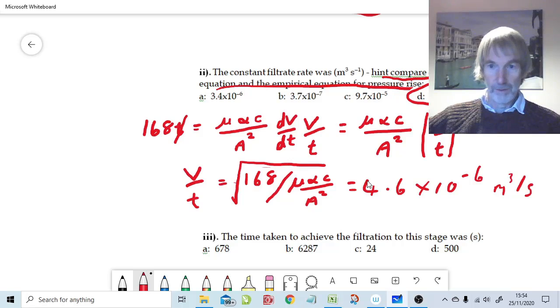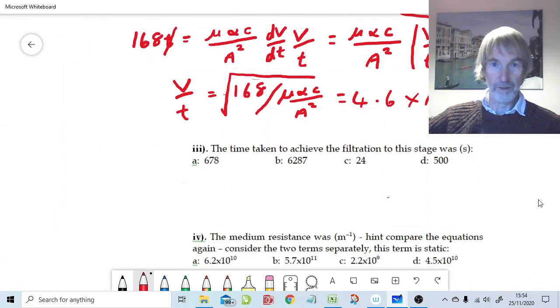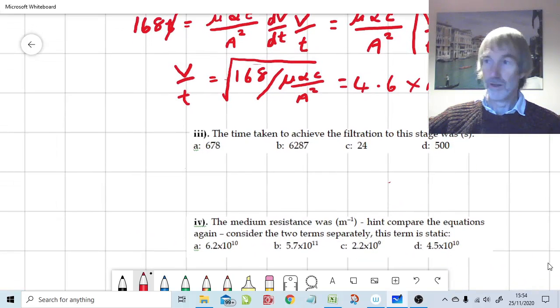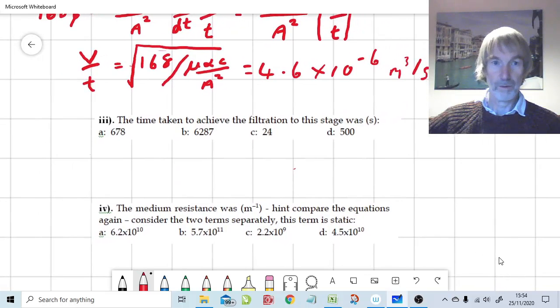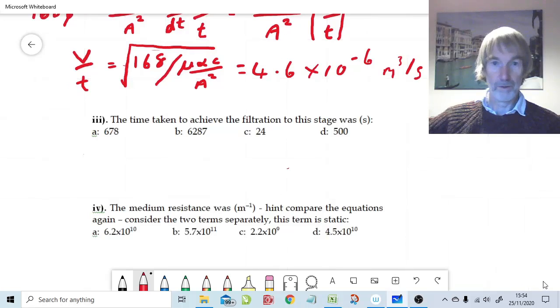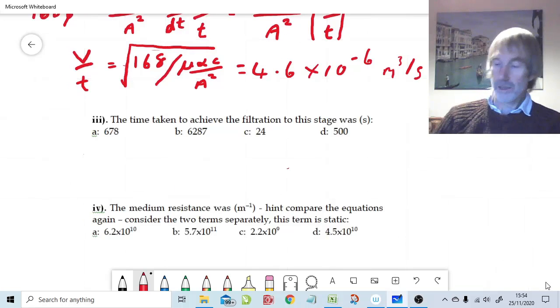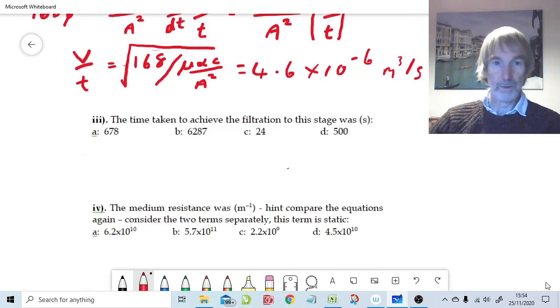Okay, the next bit then is the time taken to achieve the filtration. 4.6 times 10 to the minus 6 meters cubed per second. If we convert that into litres per second, that's 4.6 times 10 to the minus 3 litres per second.